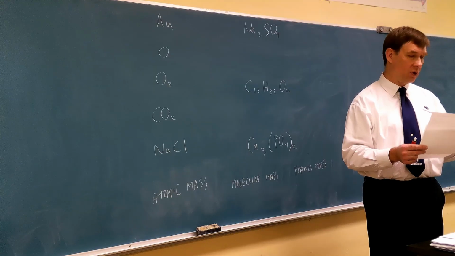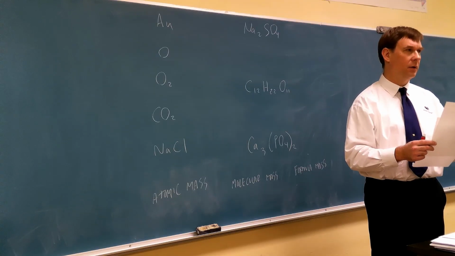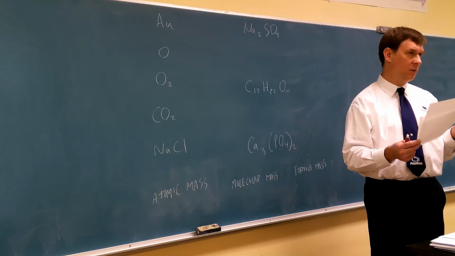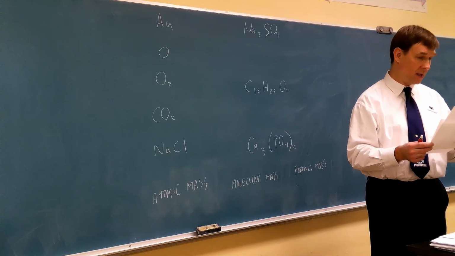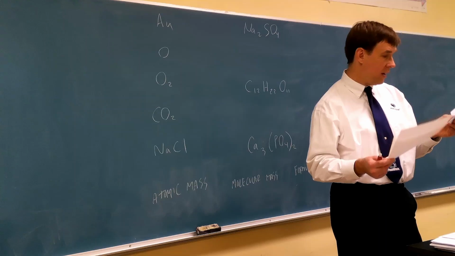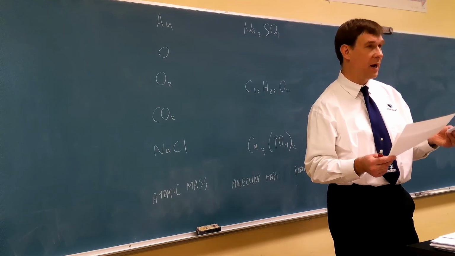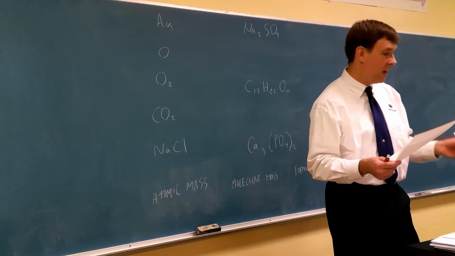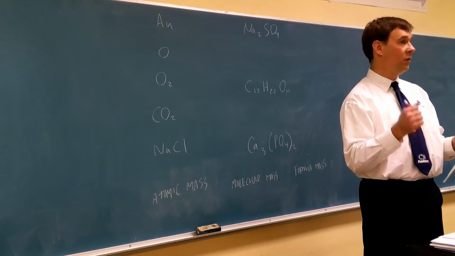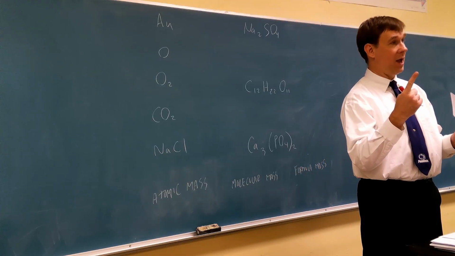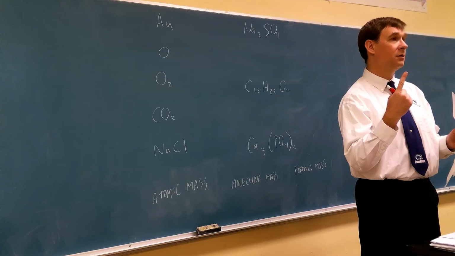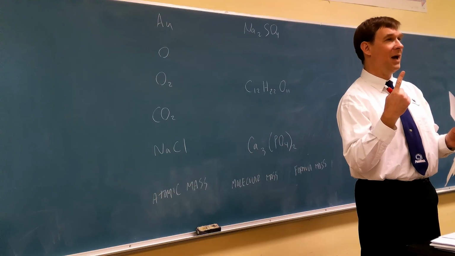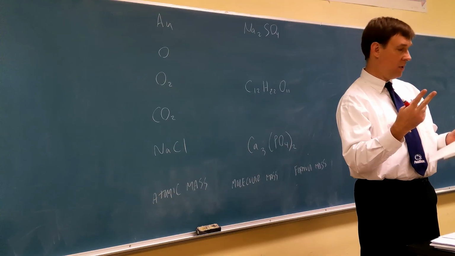The whole numbers are called what? The 1, 2, 3. Hydrogen's 1, helium's 2. Those are the atomic numbers. So the 1, 2, 3, 4 numbers on this table are the atomic numbers. Those count the number of protons. And protons have a mass of 1 AMU. Neutrons, mass 1 AMU.